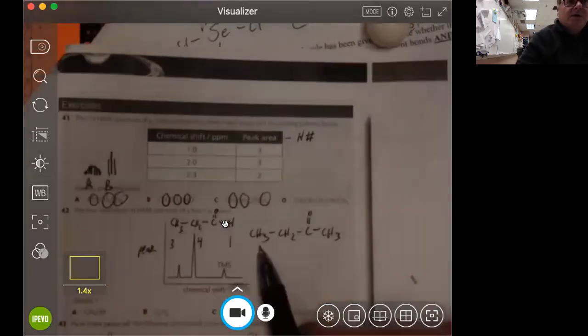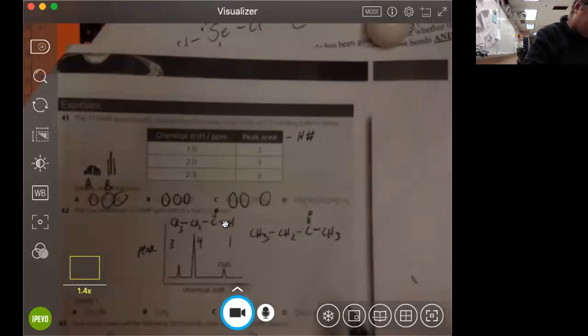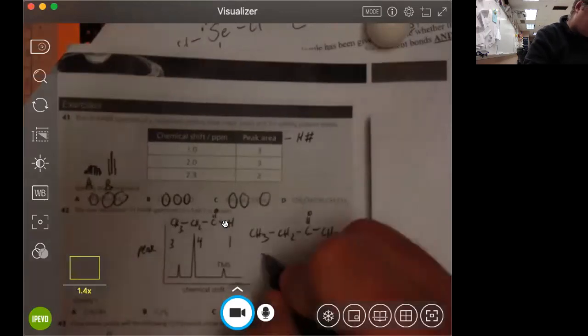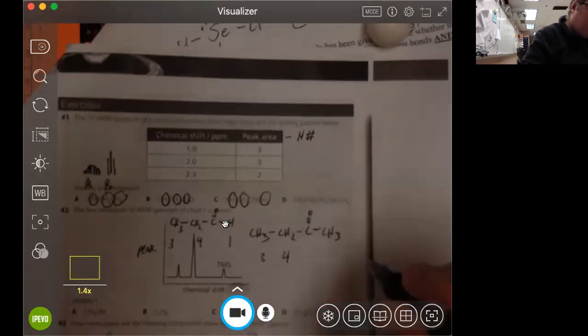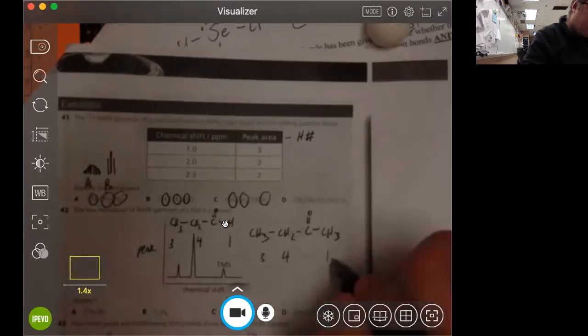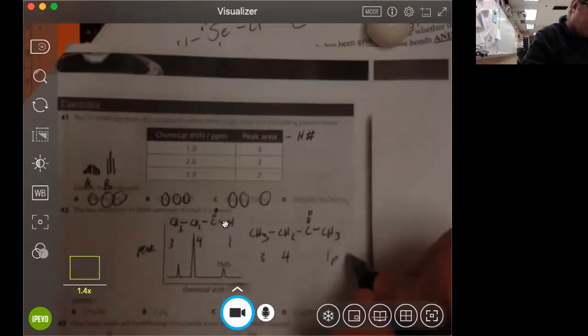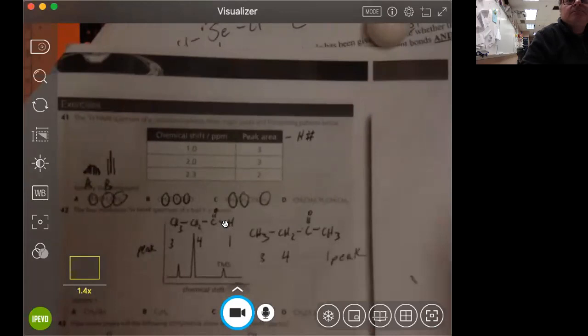So we have 1, 2, 3. Here we would have 3 peaks. Here we would have 4 peaks. Here we would have 1 peak. So it can't be that one. Can't be that one.